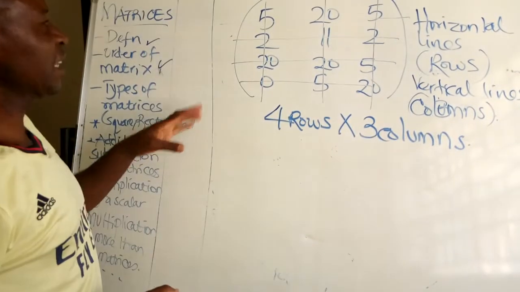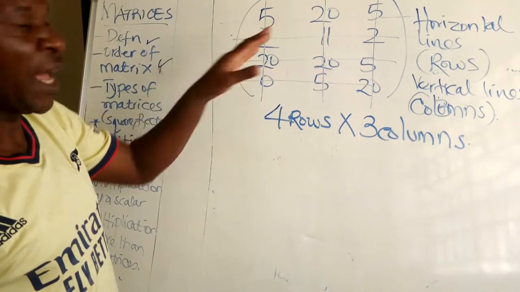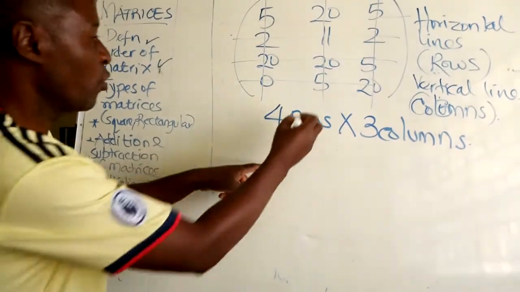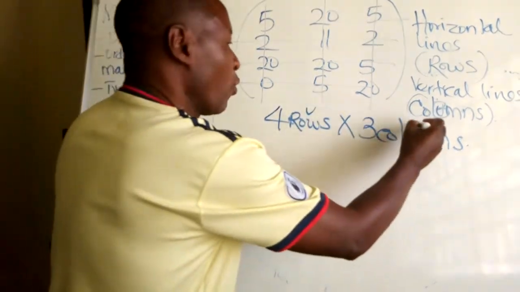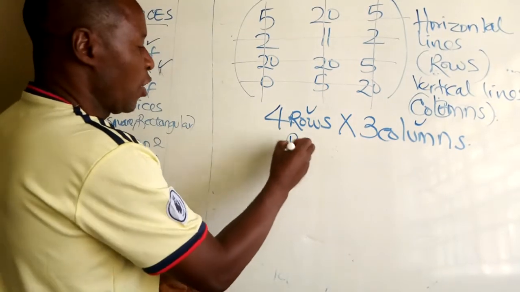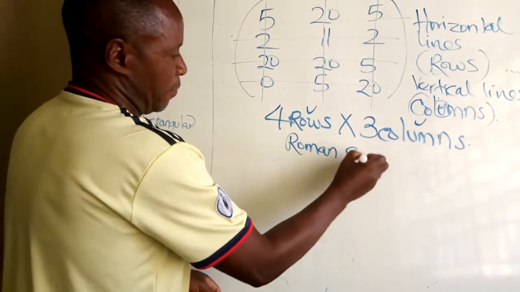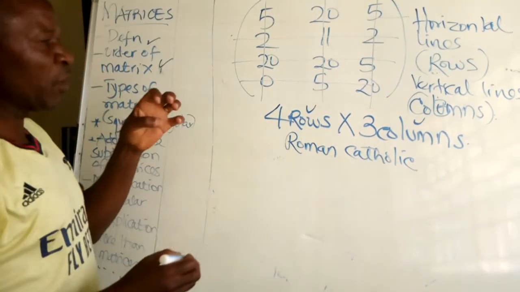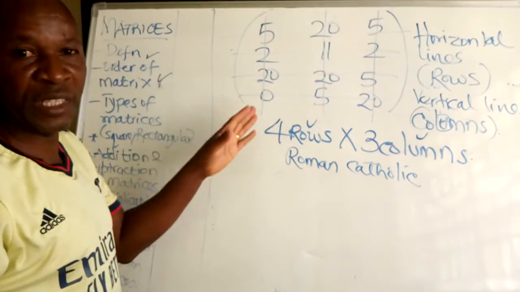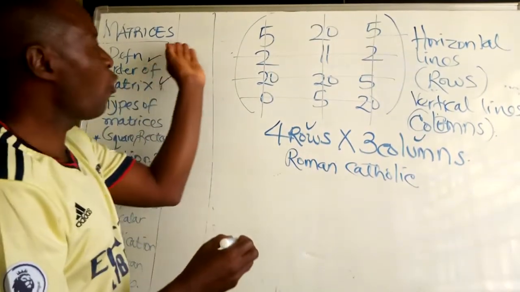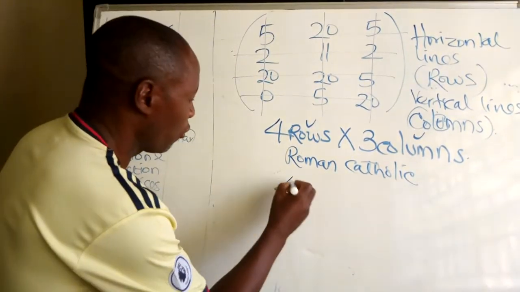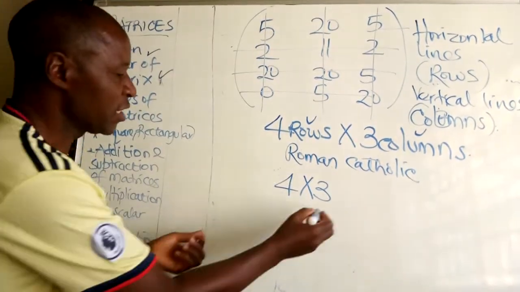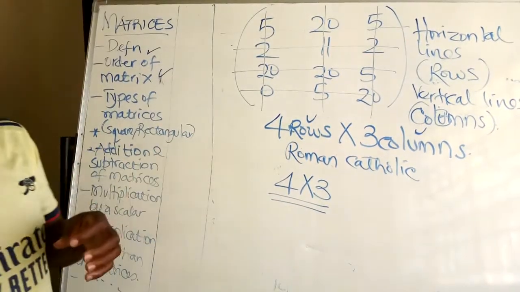It implies that the matrix I have written here has 4 rows by 3 columns. We start with rows, then followed by columns, which can be summarized as Roman Catholic. So if somebody wants us to write the order of a matrix, start with rows: there are 4 rows by 3 columns. This is what we refer to as the order of a matrix.